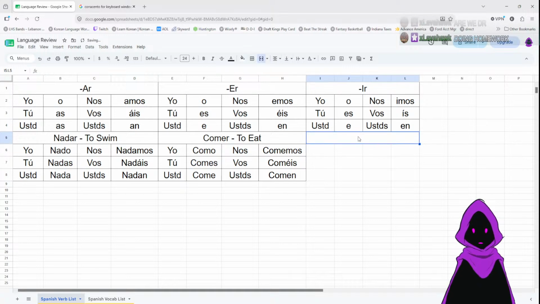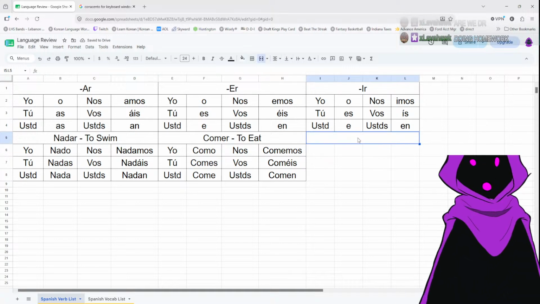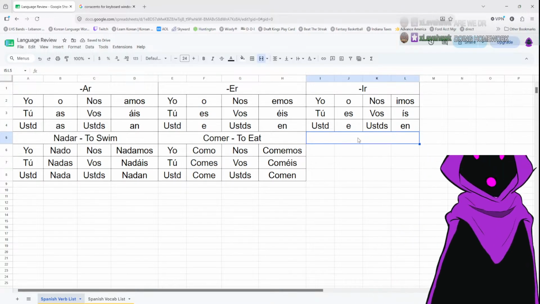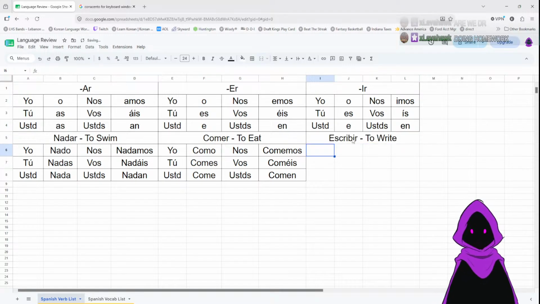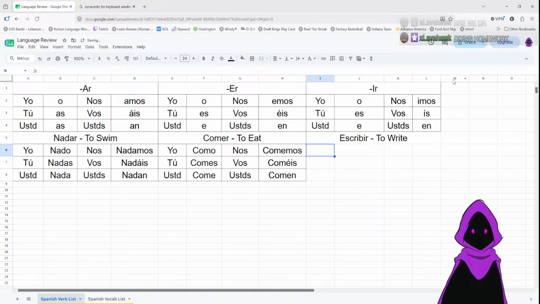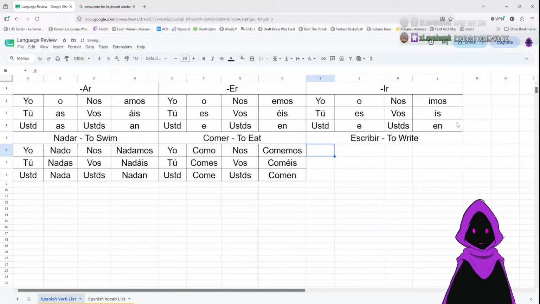And then we'll take an IR verb. We have escribir, if I can spell it right, which means to write.